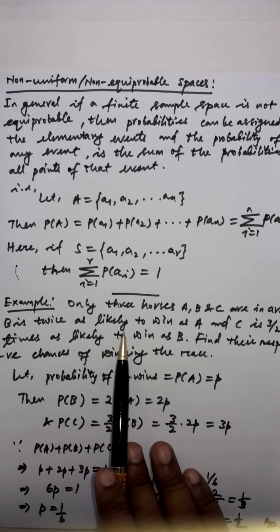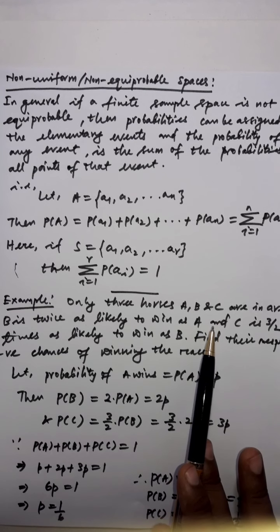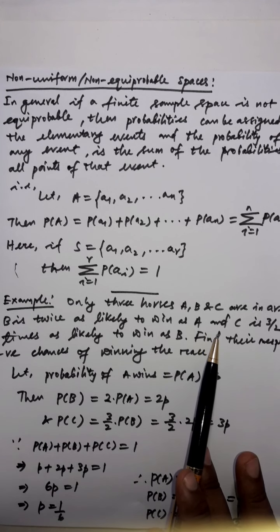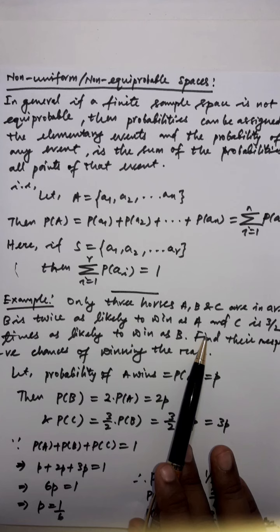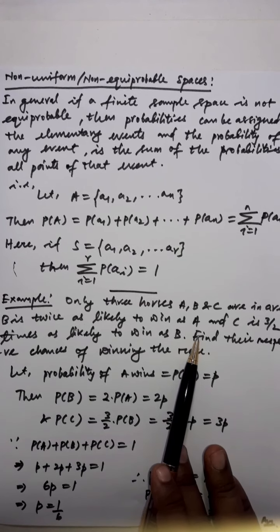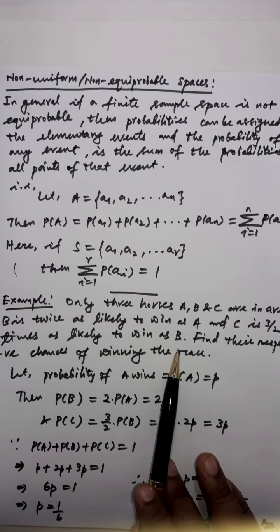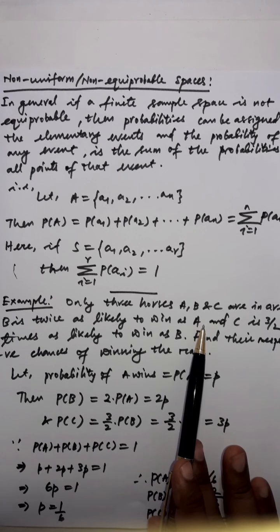Let me tell you, the arena is where the horses are kept and where they have specific strips or tracks on which they will run. So it is all about the racing of horses, and there are 3 horses A, B, C.